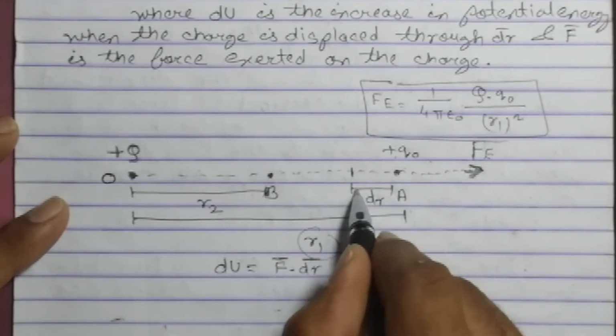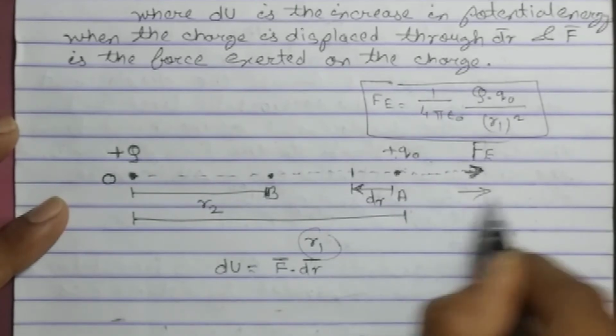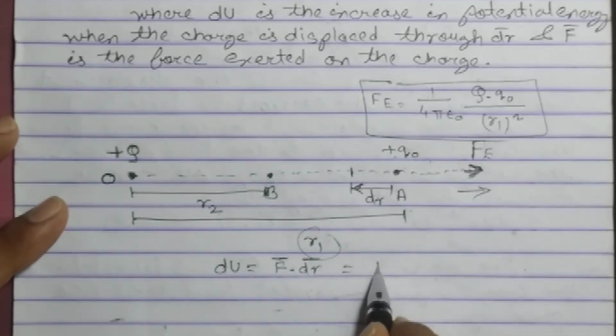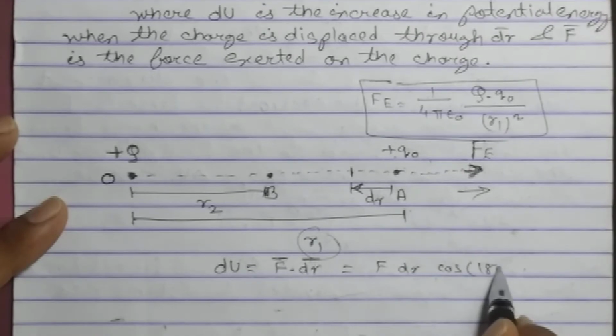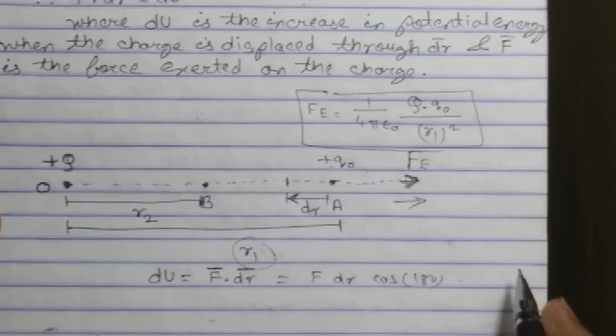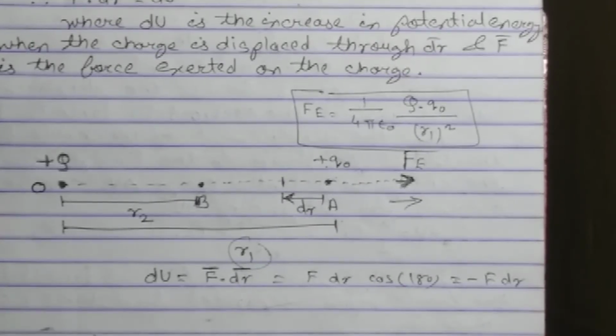Since dr is in this direction, Fe is in this direction, both are in opposite direction. If I consider magnitude wise, what is the angle between them, students? 180. What is cos 180? Minus 1. So finally we will get F into dr, which has a negative sign.